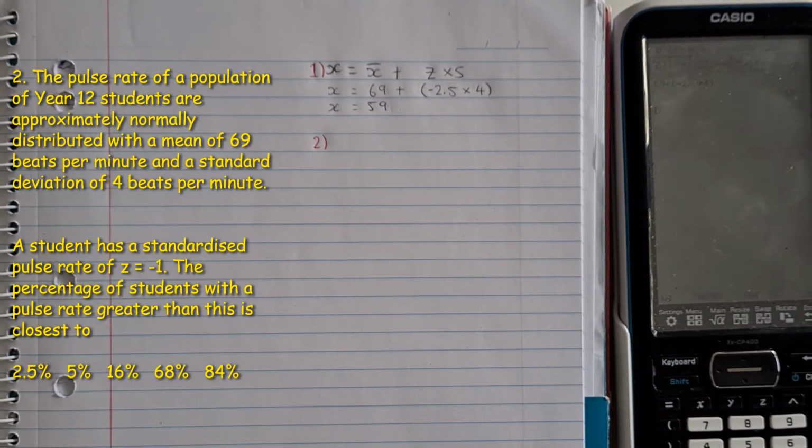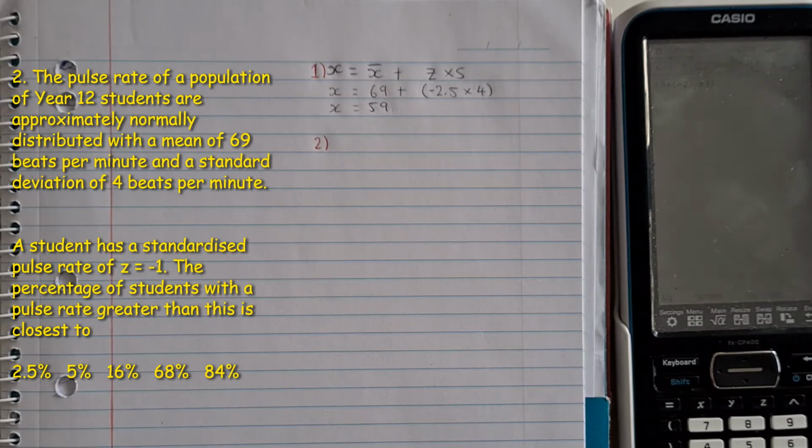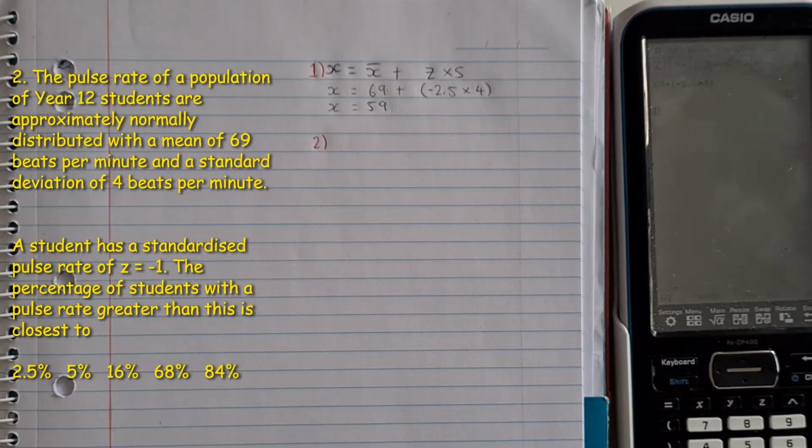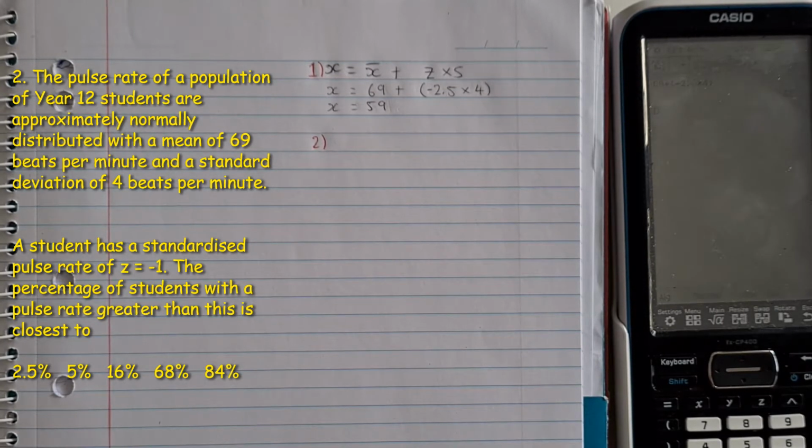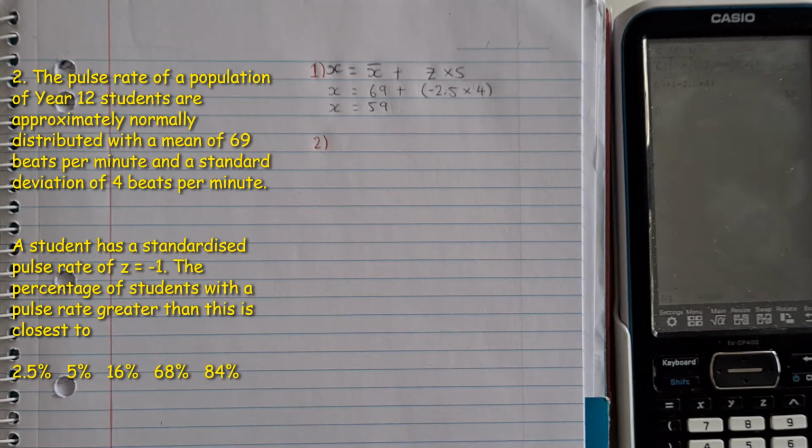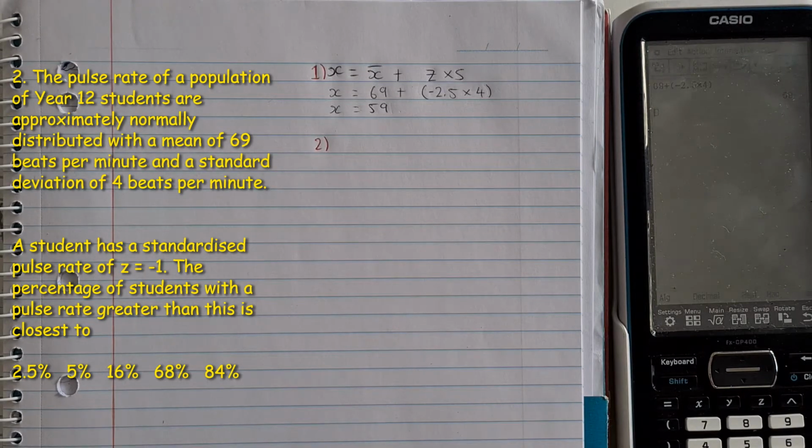The next question uses the same set of data, but now it tells us that a student has a standardized pulse rate of Z equals negative 1. The percentage of students with a pulse rate greater than this is closest to one of these answers. So the fact that the student has a standardized pulse rate of Z equals negative 1 means that his pulse rate is 1 standard deviation below the mean.